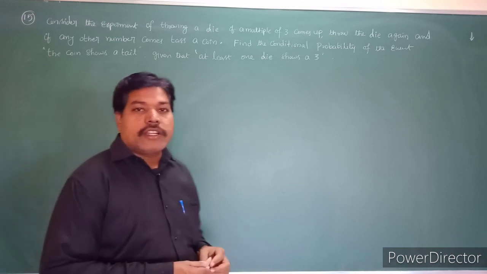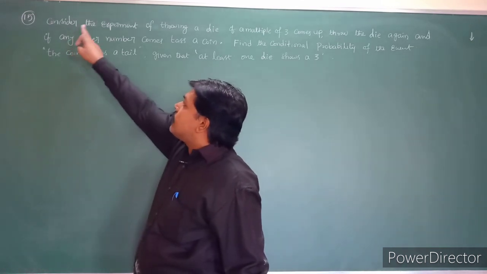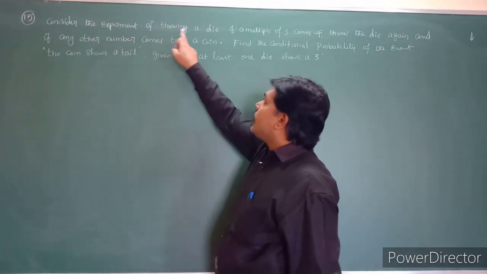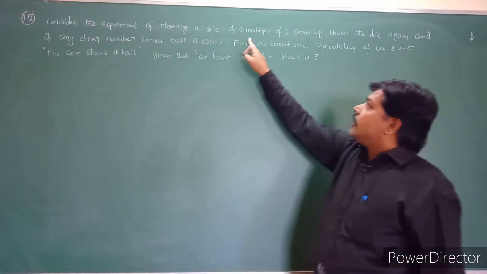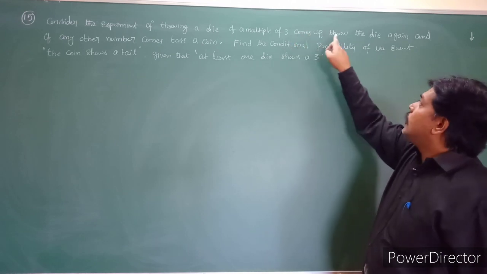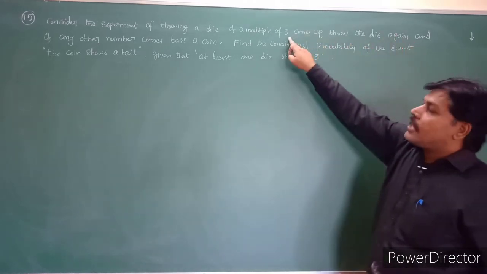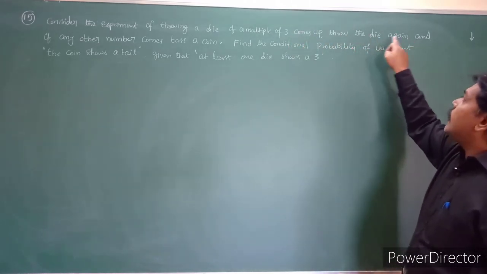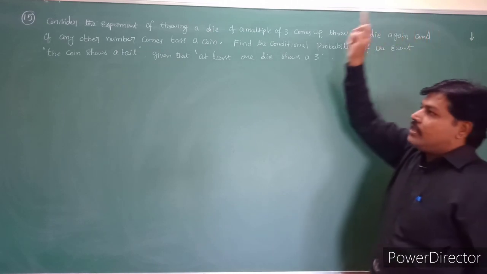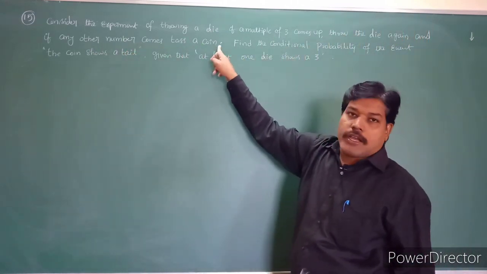See the next question, question number 15. The question is, consider the experiment of throwing a die. If a multiple of 3 comes up, throw the die again. If the multiples of 3 comes up, you have to throw the die once again. And if any other number comes, toss a coin.